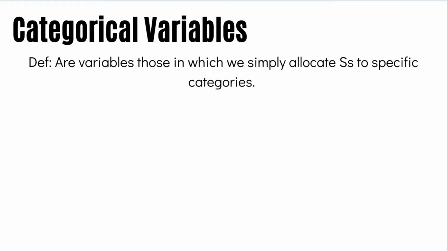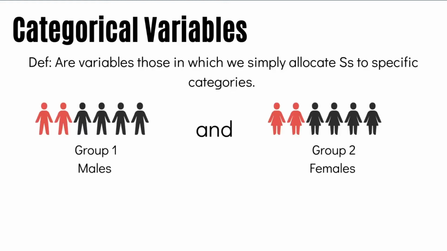A good example of a categorical variable is gender, where we can have specific categories such as males versus females, put into two simple categories as shown here, or two groups in which one receives a certain type of intervention while the other group does not. That is also a good example of a categorical variable.